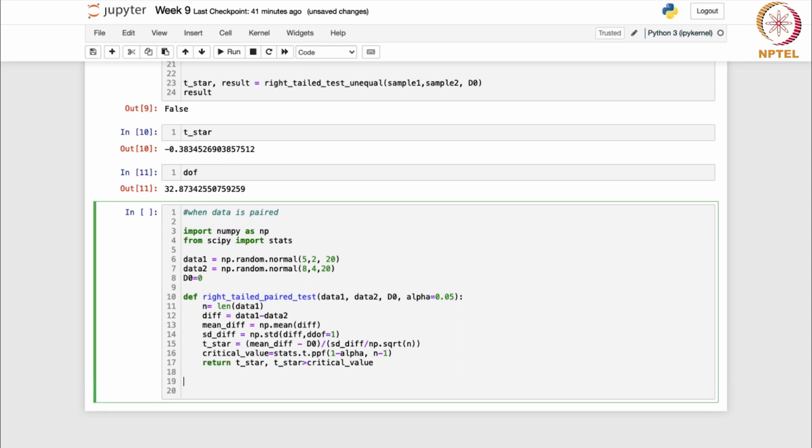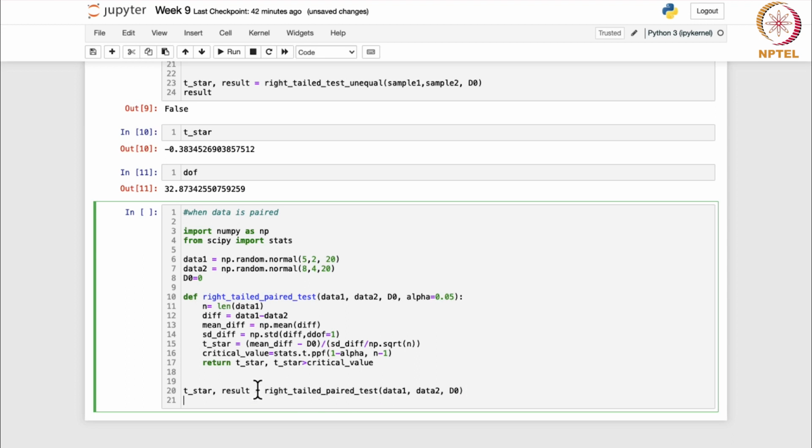Okay, once you have defined this function, now we can call it. Finally, you will have the t star value, and the result would be from this function that we have defined here. We are calling it, we want the result of this and the t star value.